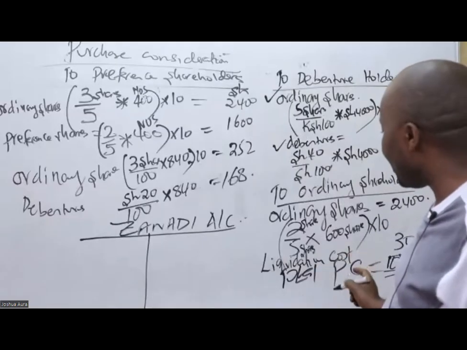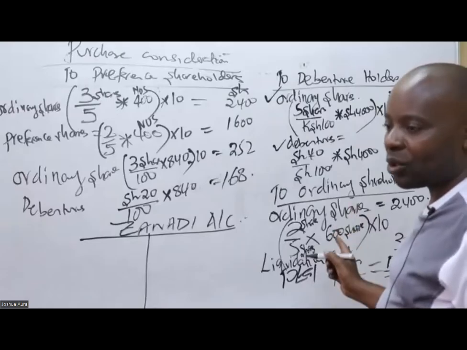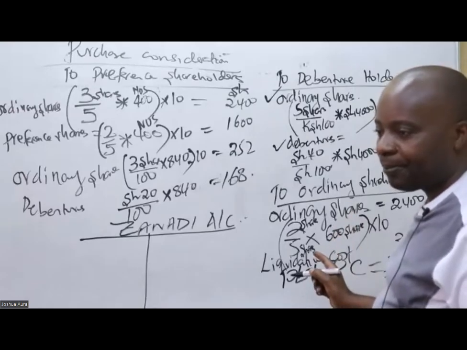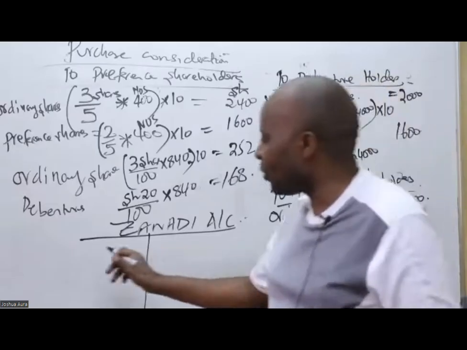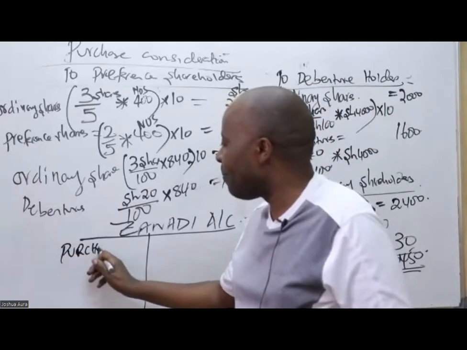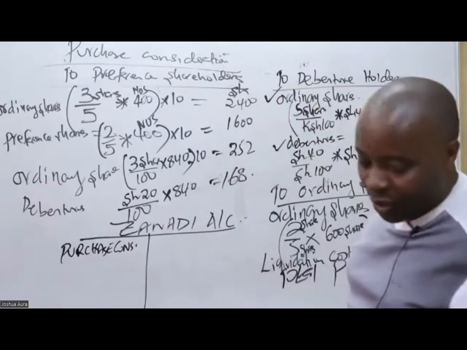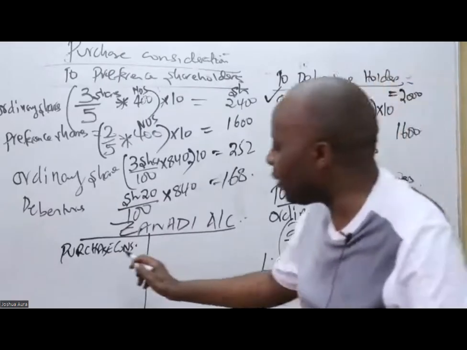We have the total purchase consideration. So bring the purchase consideration here. It is 10,450.